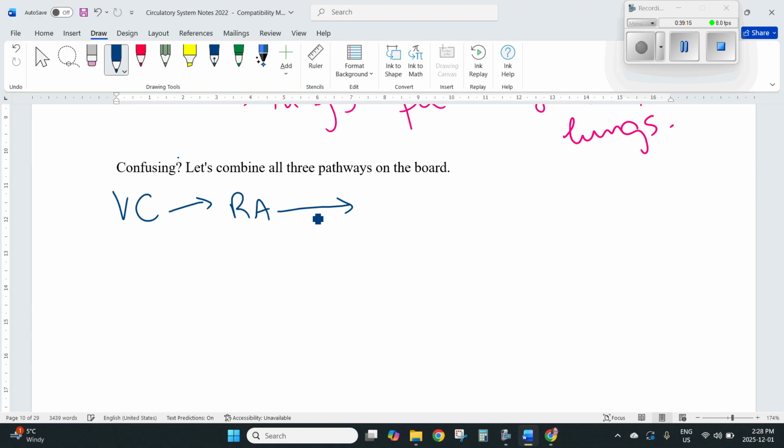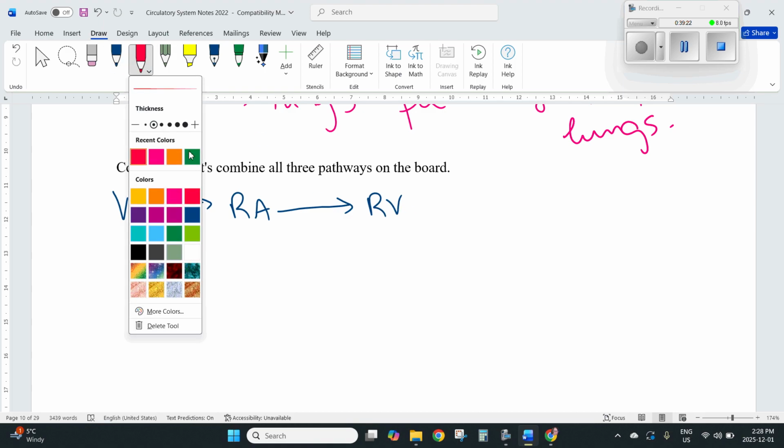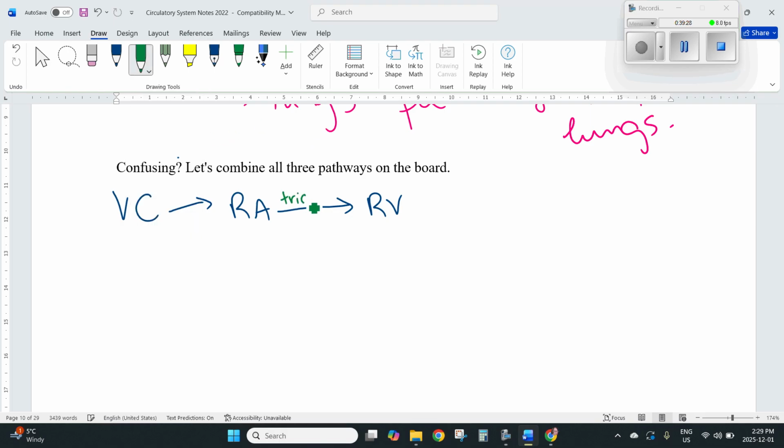From the right atrium, we go into the right ventricle. Now, along the way, we pass through the tricuspid valve. Okay, so from the right ventricle, we go to the pulmonary artery, and we go through the semilunar valve.